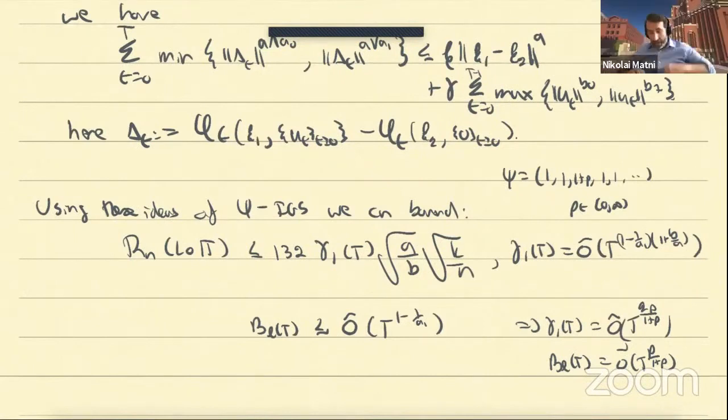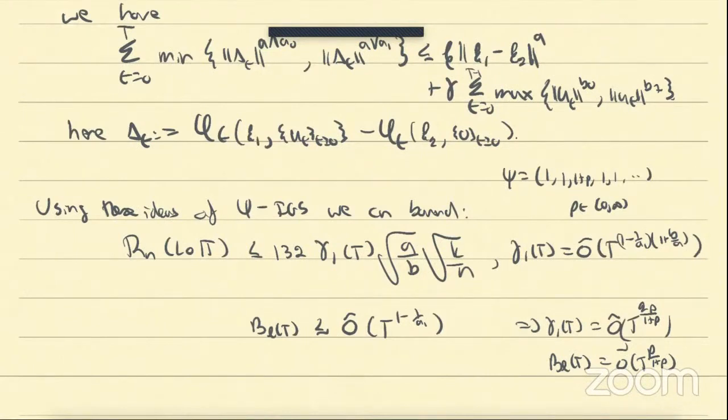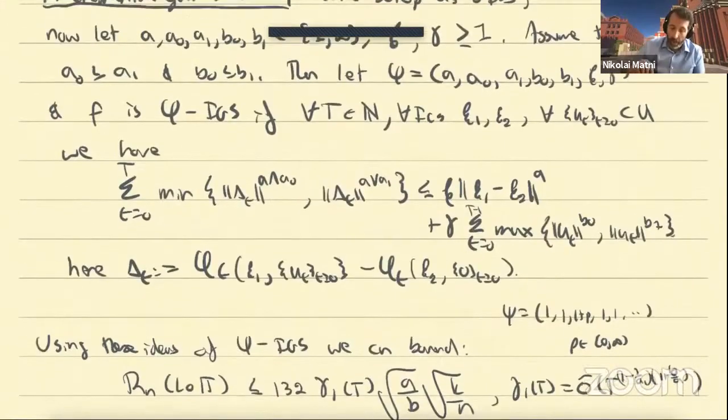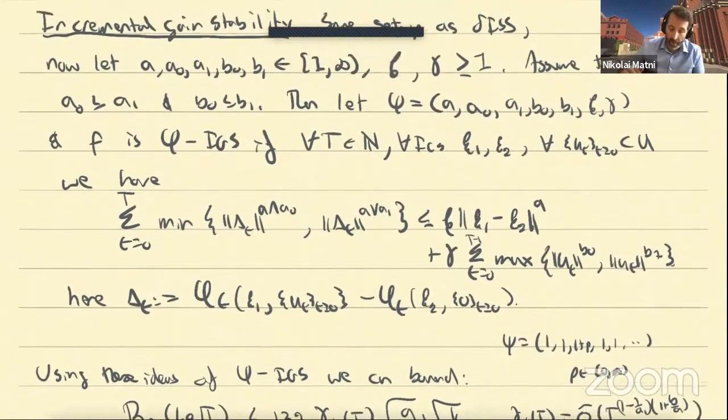Yeah, so I didn't have time to get to this, but Stephen will get to it later. A way to certify this property of incremental gain stability is via a suitable incremental Lyapunov function, a Lyapunov function that measures changes in x minus y, for example.